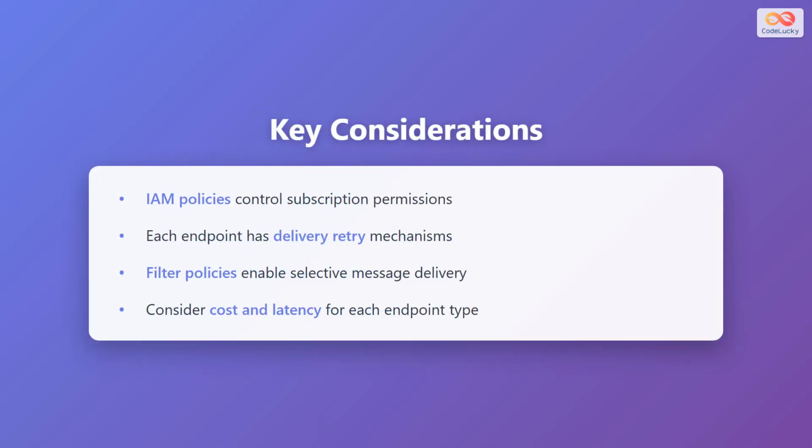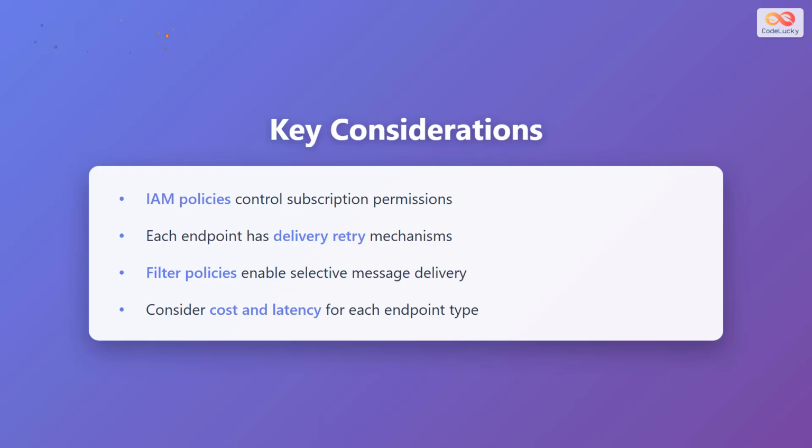When working with SNS subscriptions, there are several important considerations to keep in mind. First, IAM policies control who can create, manage, and receive messages from subscriptions, so proper permission configuration is essential for security. Each endpoint type has built-in delivery retry mechanisms that automatically attempt redelivery if initial delivery fails, ensuring message reliability.